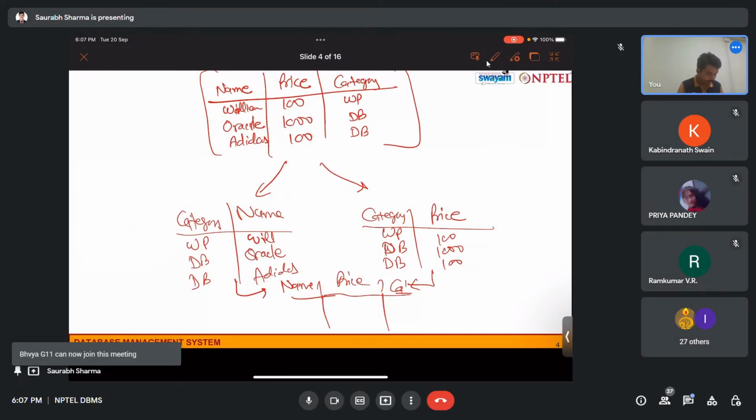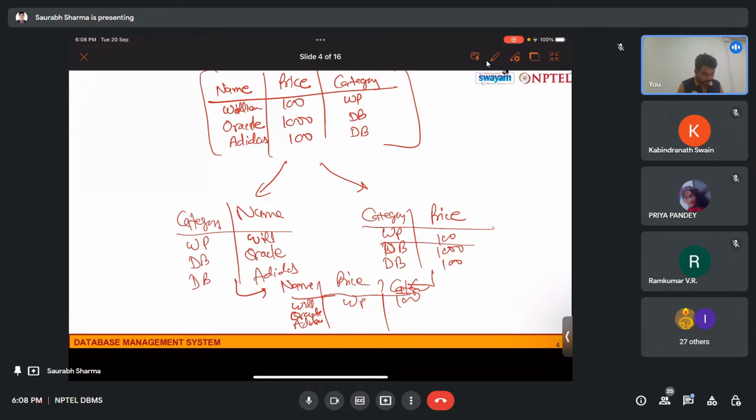So for each name there is Williams, Oracle, Adidas. Williams is having WP category and having 100 price from here.